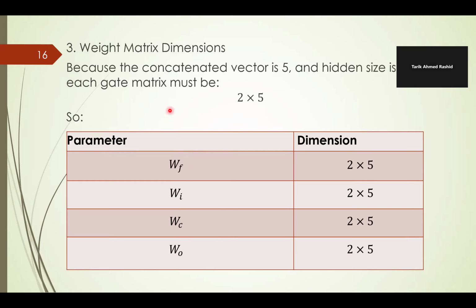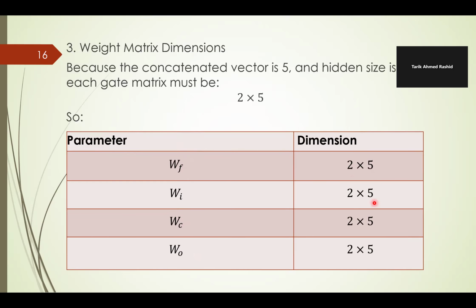Now, we will initialize the weight matrices, because we have four weight matrices: forget gate weight matrix, input weight matrix, candidate memory weight matrix, and output weight matrix. Each has five rows because we have three inputs plus the two hidden, that's five. Then concatenate, and there are two neurons in the hidden.